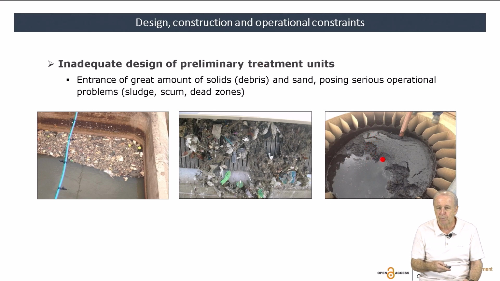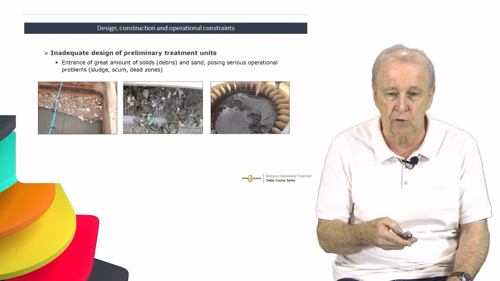Possibly because the surface loads designed for the grit chambers were higher than the adequate ones, so the sand did not settle in the grit chamber. So those are problems related to the preliminary treatment system. And we can say here that none of them are related to operation. They are related to design and maybe to construction.